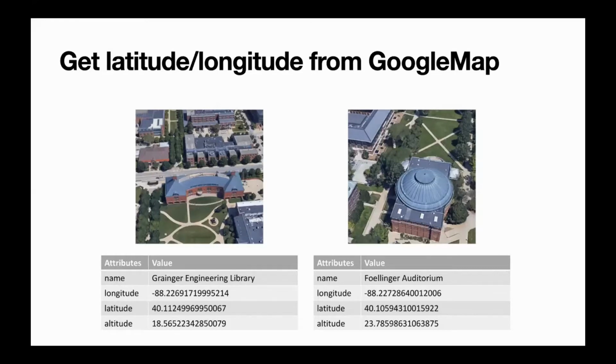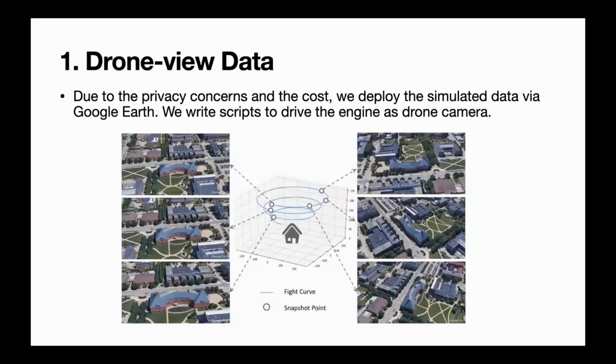After we get the accurate GPS location from Google Map, we could collect the drone view data by setting a simulated flying camera around the building and progressively closer to it.